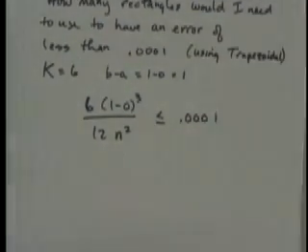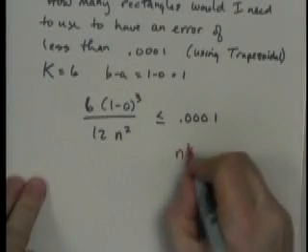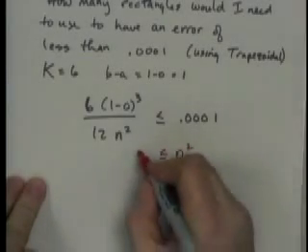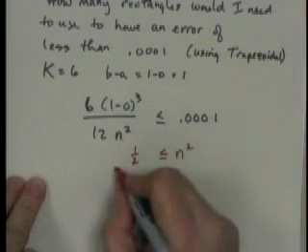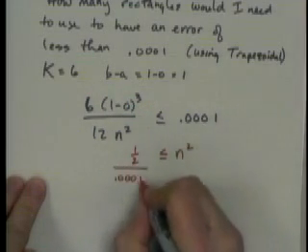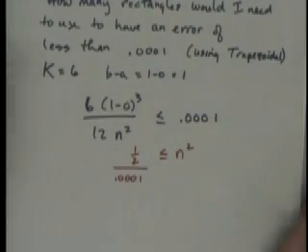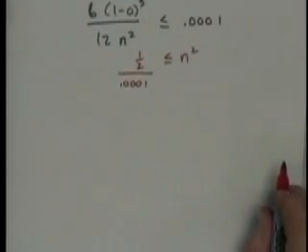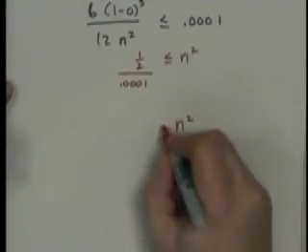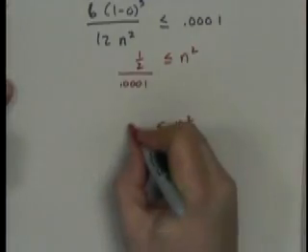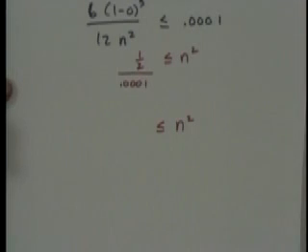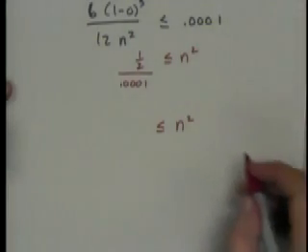Multiplying the n squared to this side, I need n squared to be greater than or equal to 1/2 divided by 0.0001. So n squared has to be greater than or equal to 5,000.